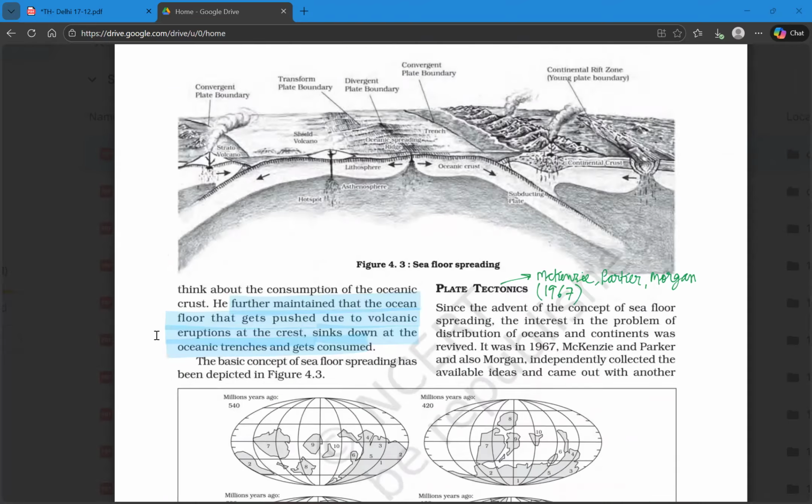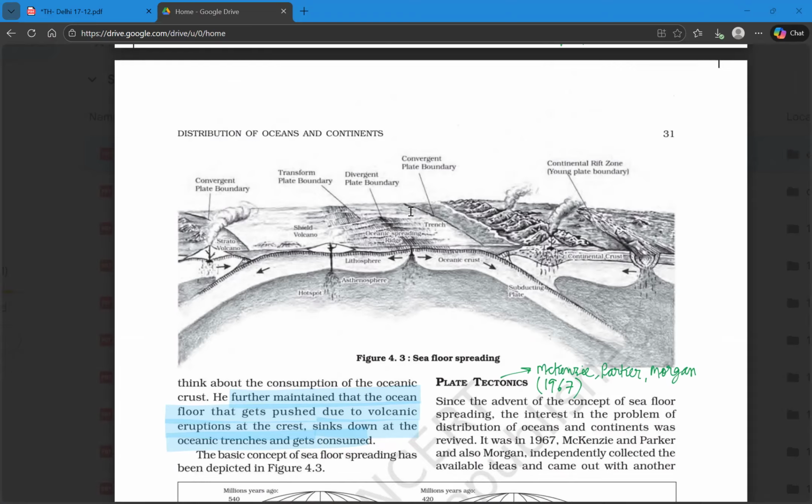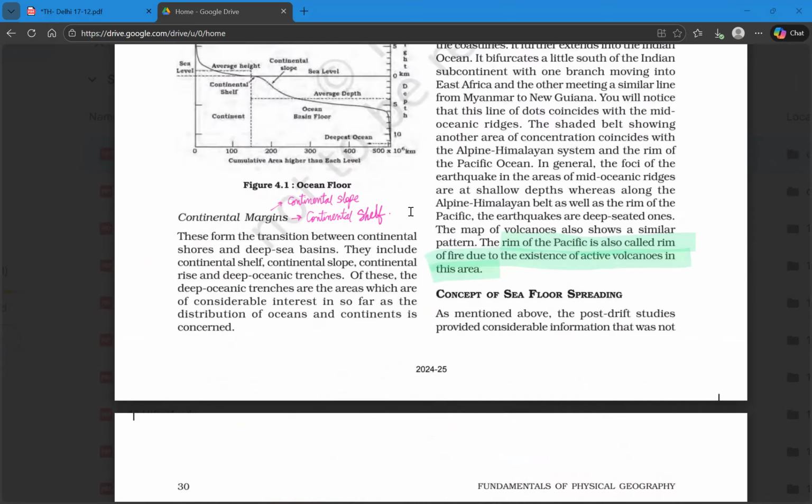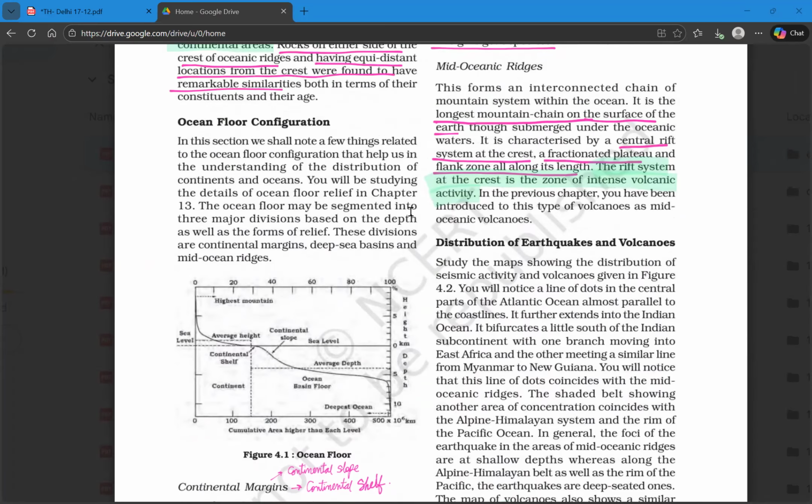If this is the crest, the ridge, and we move from here and from here to two points, and they are equidistant from the crest, then the properties of those rocks and also the age are similar. So this means the floor is spreading. We'll learn about it.